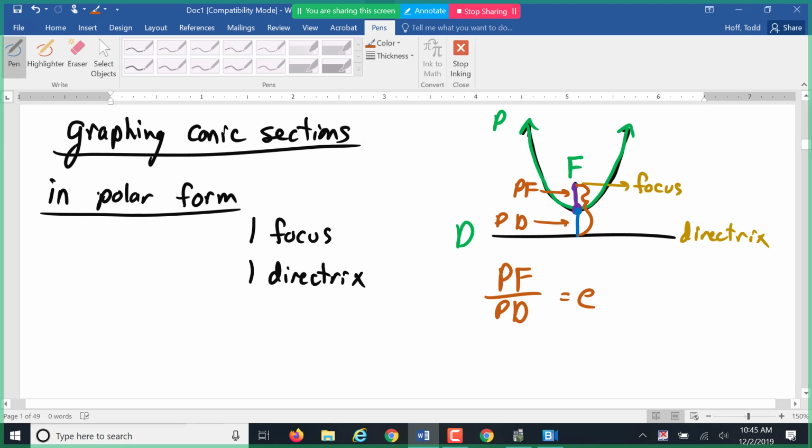Okay. So let's take a look at that. That eccentricity, again, from the focus to that point on the graph, or from the directrix to that point on the graph, gives us that ratio. If that eccentricity is equal to 1, it's a parabola.